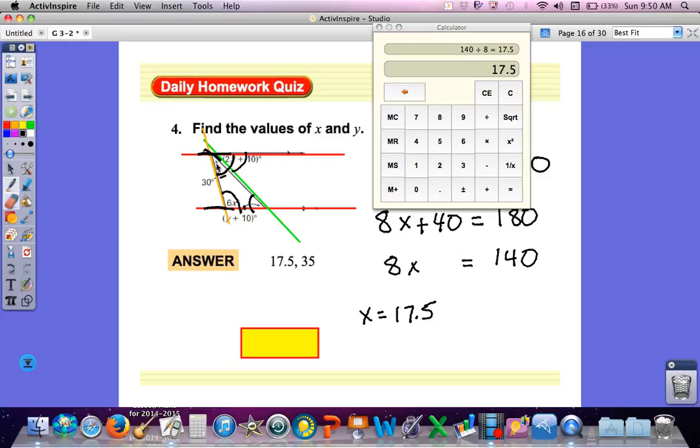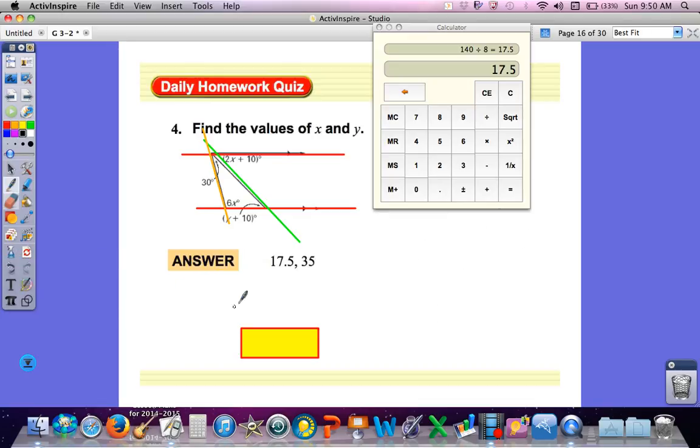Okay, I'm going to erase some of this so I can see what I have here. Now I also have these two, where 2x plus 10, hold on a second. Write this over here, x equals 17.5. I'm going to clear my annotations here. I just lost that. Oh, x is equal to 17.5. So now I have this angle and this angle are equal to each other. 2x plus 10 is equal to y plus 10.